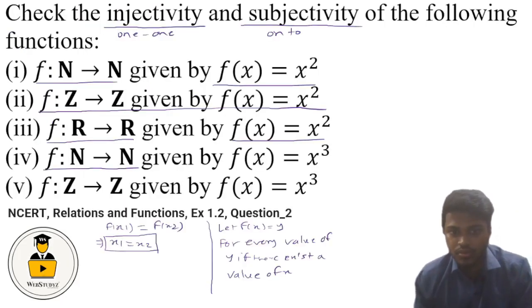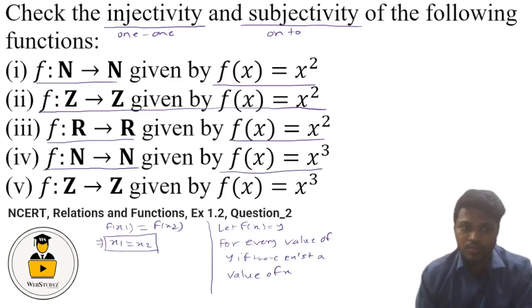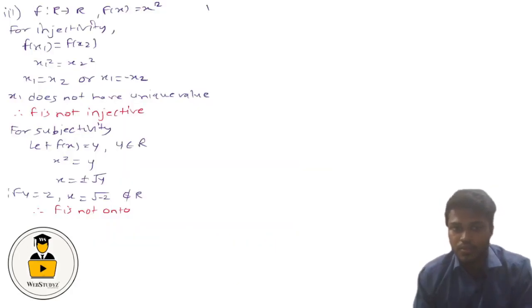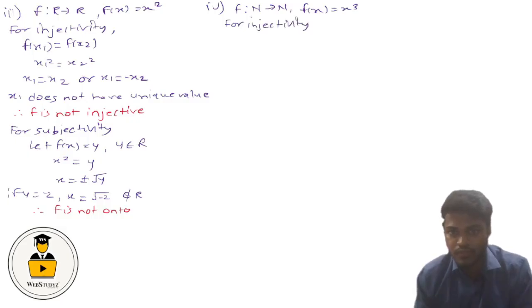Now we will check the next one. So f is from natural numbers to natural numbers and our function is x cubed. The fourth question says that f belongs to natural numbers and our function is x cubed. First we will check for injectivity. So first we will check f of x1 equals f of x2.